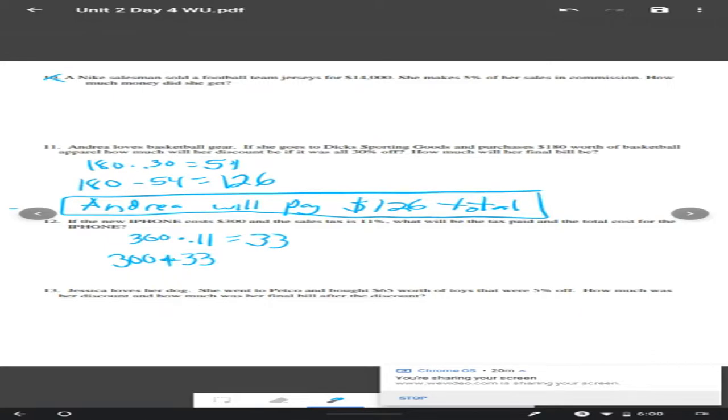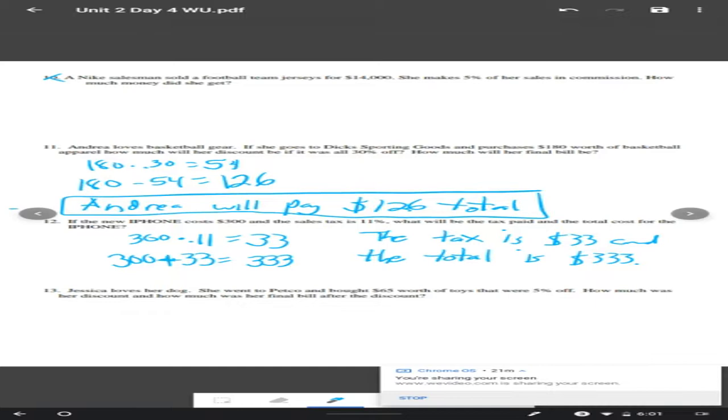So if we add those together, we would get $333 total. So then my sentence would be, the tax is $33 and the total is $333. And that's for an iPhone.